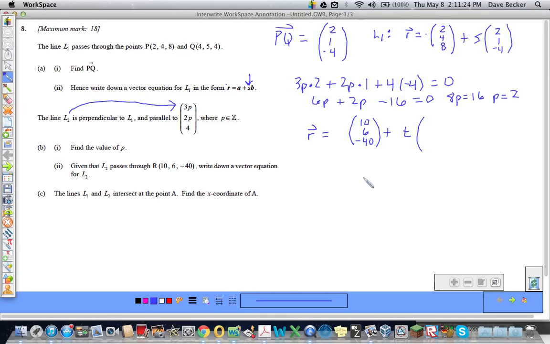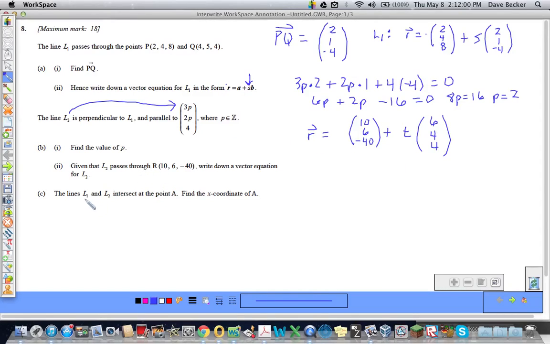Well, all you have to do is replace p with 2. 3 times 2 is 6. 2 times 2 is 4. So it would be (6, 4, 4). How about that? All right, so we're done with that.